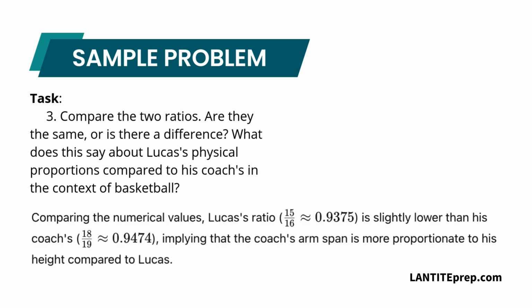Furthermore, comparing the numerical values, Lucas's ratio 15 over 16 is approximately 0.9375, which is slightly lower than his coach's, which is 18 over 19, or approximately 0.9474, implying that the coach's arm span is more proportionate to his height compared to Lucas.